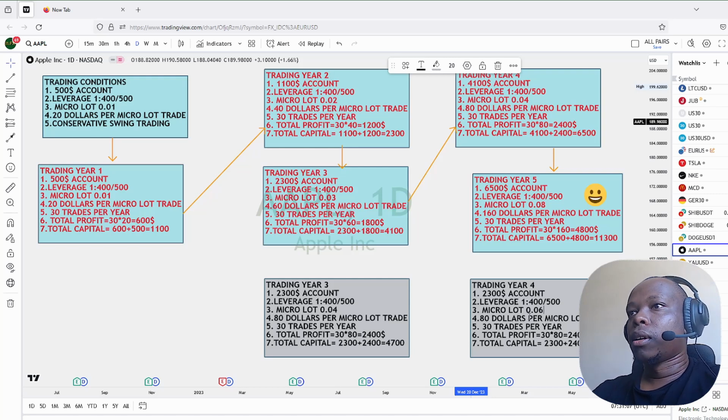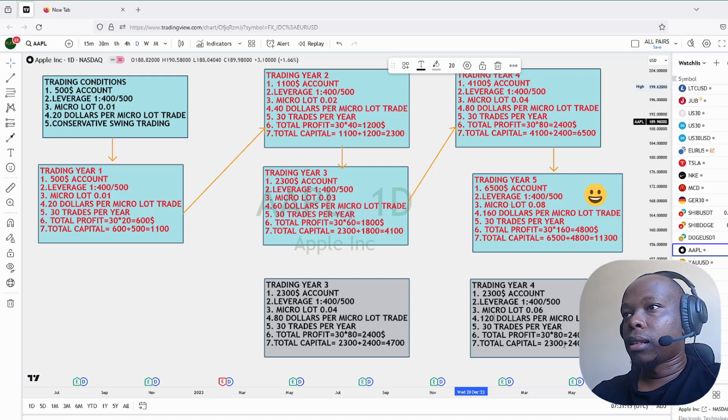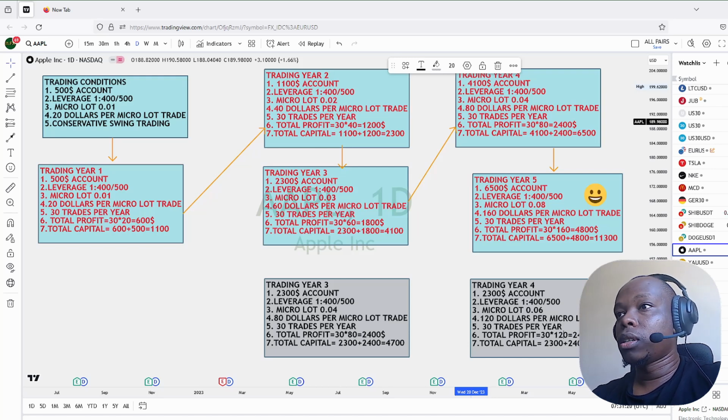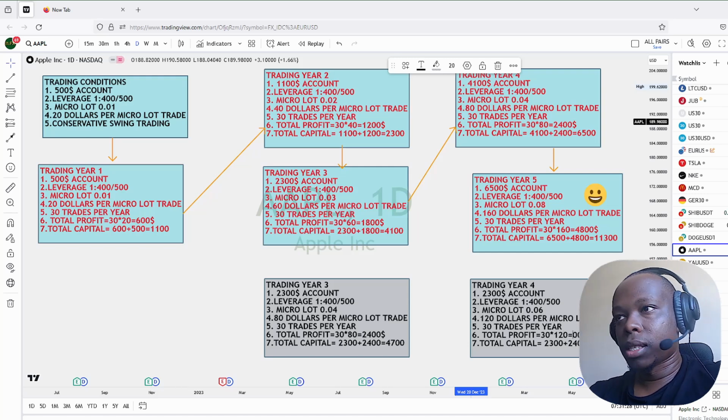0.06. So at this point, I'll be targeting around $120 per trade because it's 6 times 20. And then let me just change this to 120. So 120 by 30 will be 3,600, if I'm not mistaken. 3,600. So we started the year, ladies and gentlemen, with 4,700.